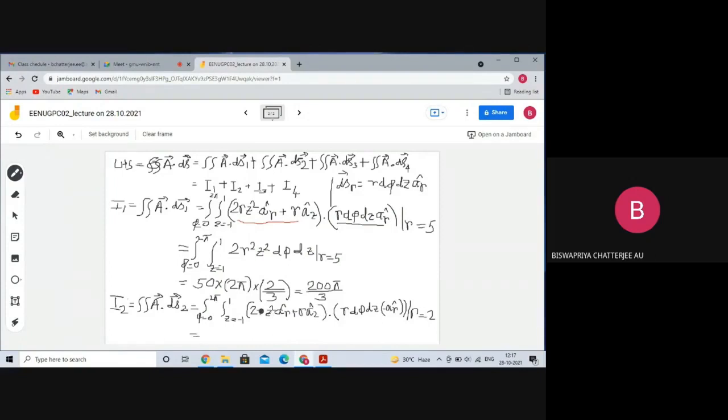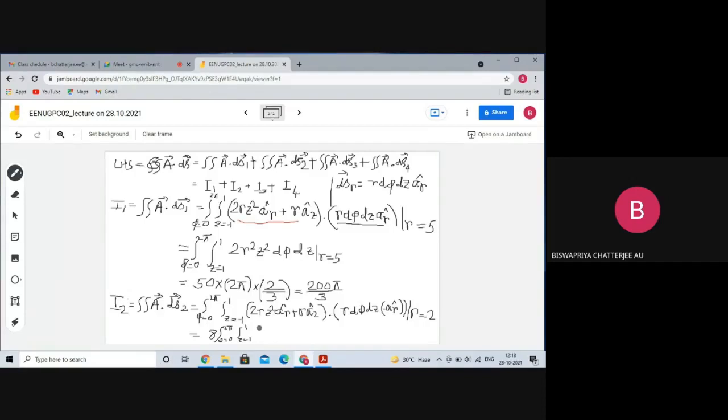Everything else remains the same. If you multiply 2r square, now r is equal to 2, so r square means 4, so you take 8 outside. If you put limits phi equal to 0 to 2 pi and z equal to -1 to +1, you have taken 2r square outside, so it is 8.